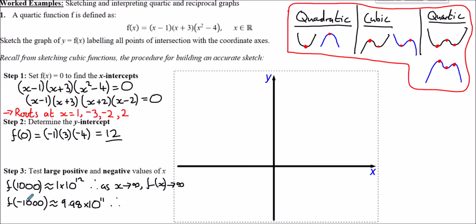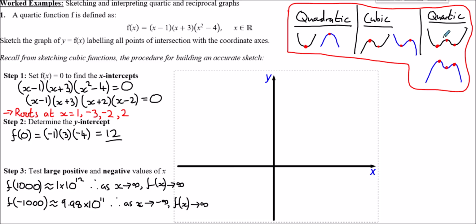So you can see here that as x goes towards negative infinity, f of x goes towards positive infinity. F of x becomes huge, which is what we predicted here.